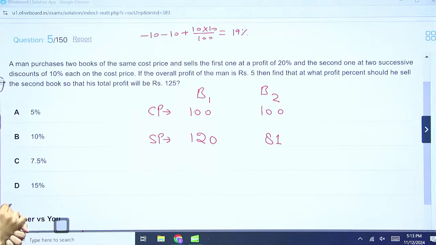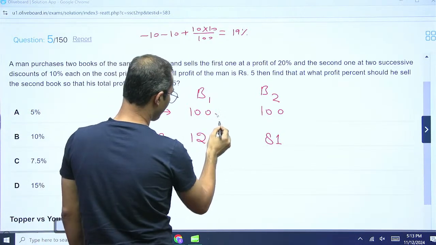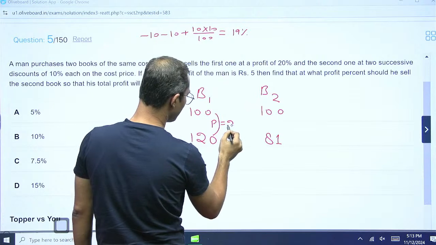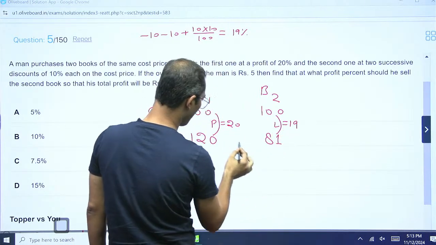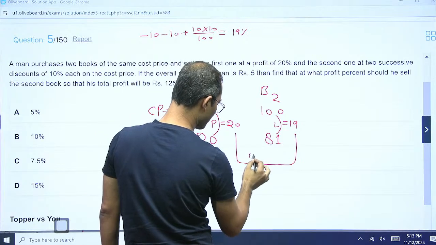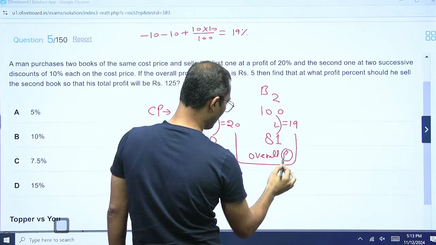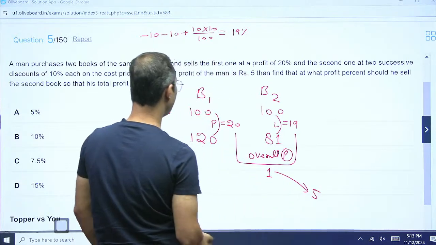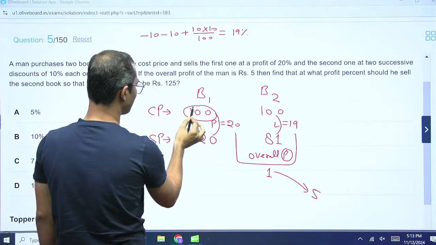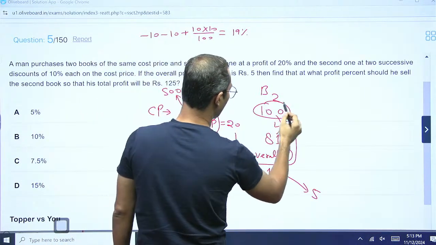So the profit here is 20 rupees, and there is a loss of 19. So the overall profit is going to be 1 unit, right? So 1 is equal to 5. So we can say that the cost price for the first book is 500 and the cost price for the second is also 500, right?